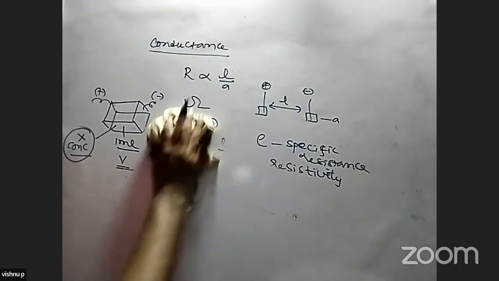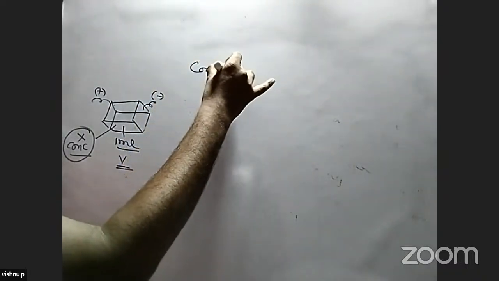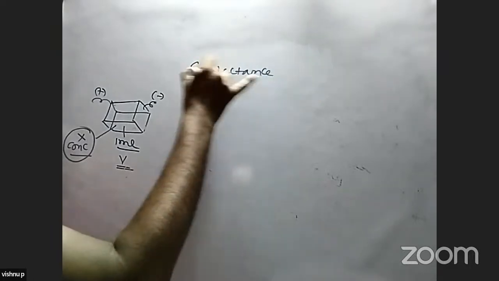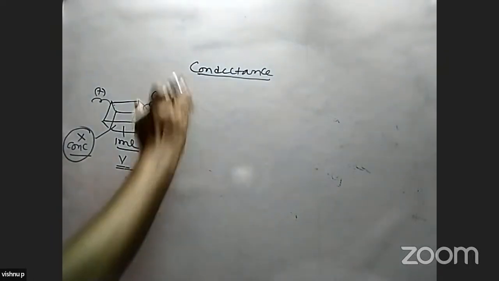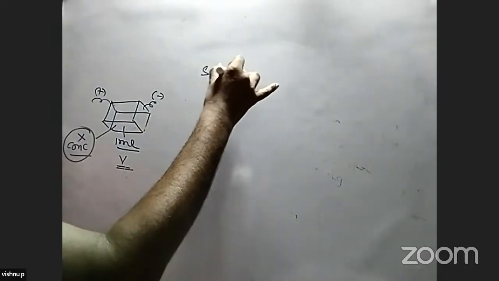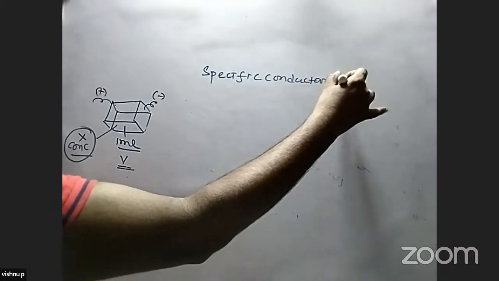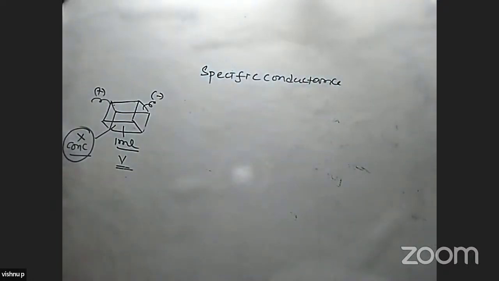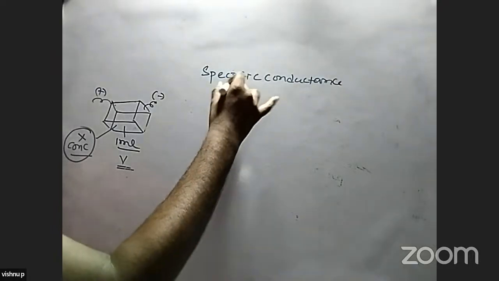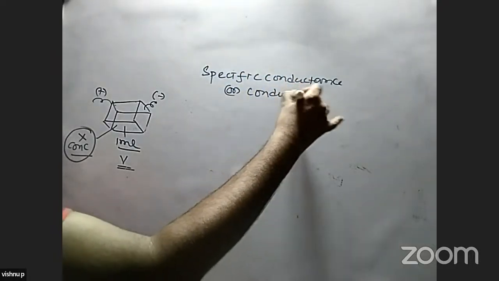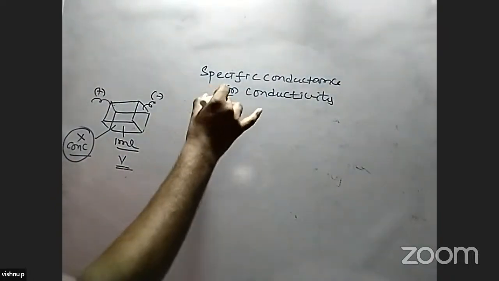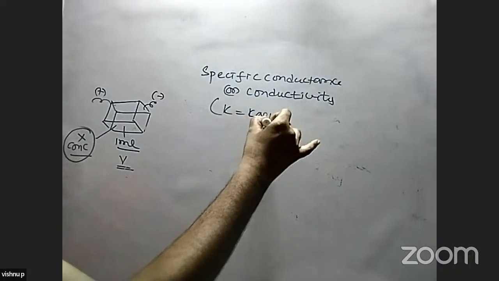After specific resistance, next is conductance. First, we start with specific conductance, or we can call it conductivity. It is denoted by K, called kappa.